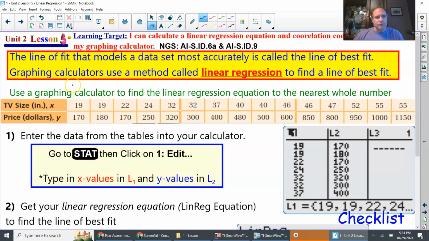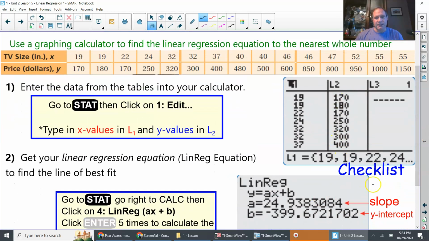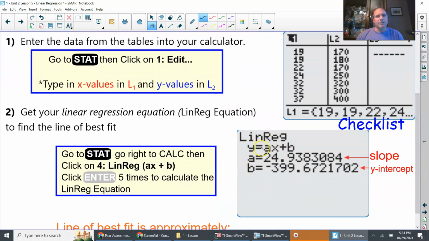So when you take all of the X values and all of the Y values and substitute them just like I have over here in L1 and L2, as soon as you put them in, you will get something like this, where you get y equals ax plus b. The a is the slope, the b is the y-intercept.